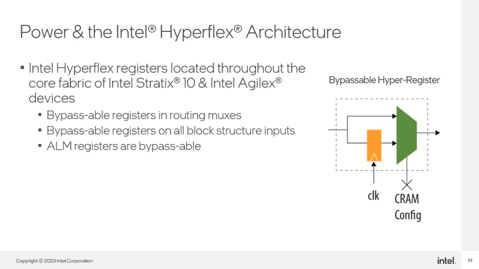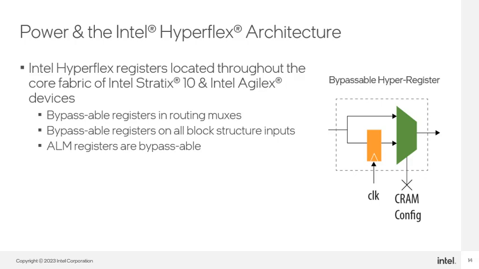However, the Intel HyperFlex architecture takes this further by including additional registers throughout the device's core fabric. The key building blocks for the architecture are bypassable hyperregisters located in every routing segment and at all block resource inputs. These hyperregisters, along with the traditional registers found in the ALMs, can either be included in a circuit path or bypassed selectively.